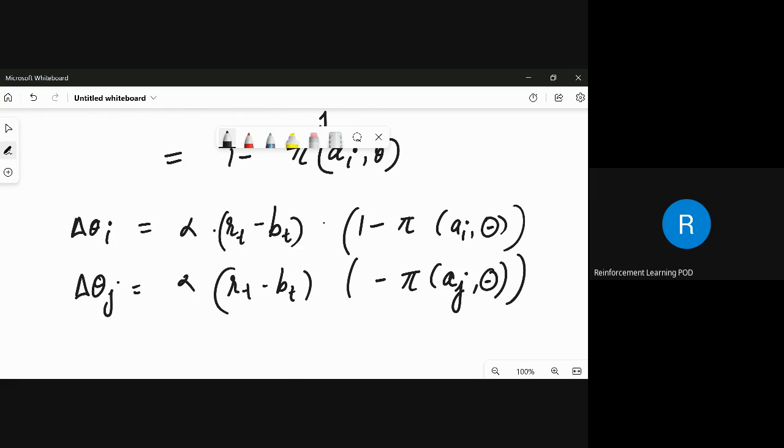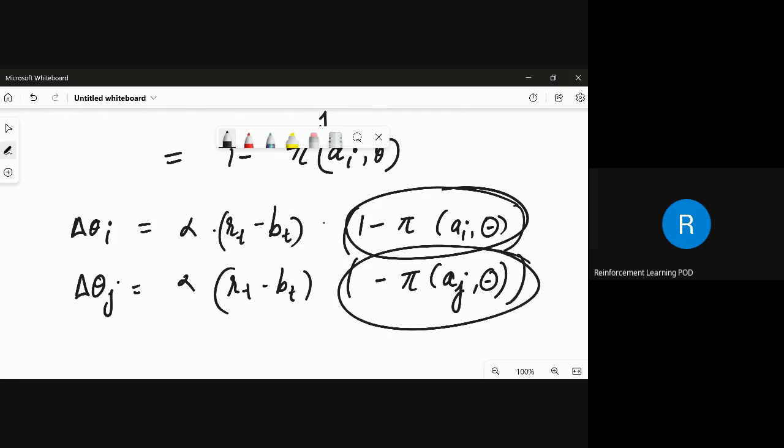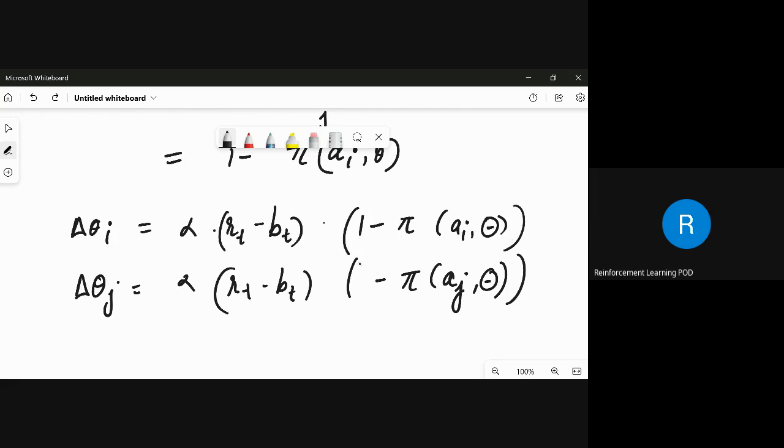Now, this thing should come intuitively. This quantity plus the summation of this quantity over all other j's apart from i, they will turn out to be 0. The sum over i equal to 1 to n, the number of arms we have, of pi(a_i, theta) should be equal to 1, right?